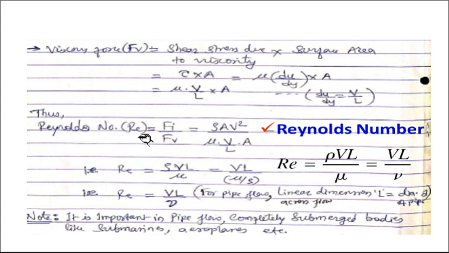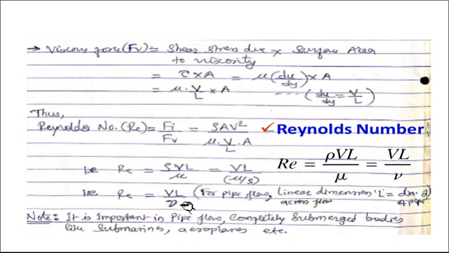Thus Reynolds number can be written as inertia force to the viscous force. So numerator is rho a v square upon mu v by L into a. Further simplification results in the formula, Reynolds number is equal to rho VL upon mu. This can be expressed further as VL upon nu. Here in rho VL upon mu, mu is dynamic viscosity.